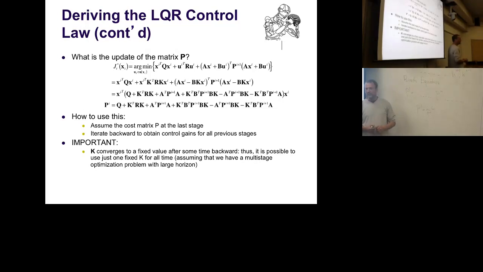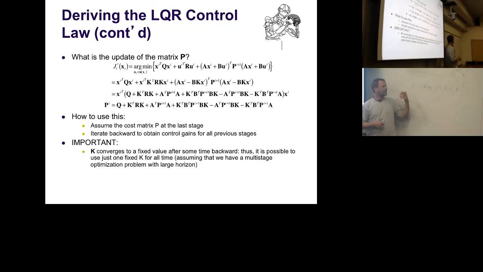And that's very convenient. So when you go into MATLAB, for instance, there is a beautiful little function called DLQR. It takes as arguments the A matrix, the B matrix, the Q matrix, and the R matrix, and it spits out the gain matrix. You can also get the P matrix if you want. Very, very simple.